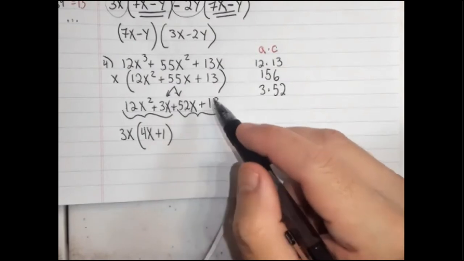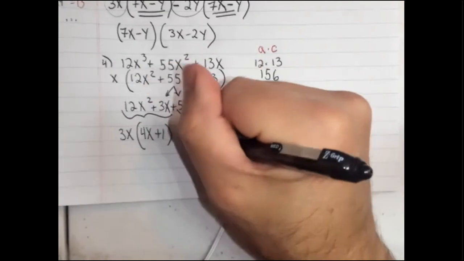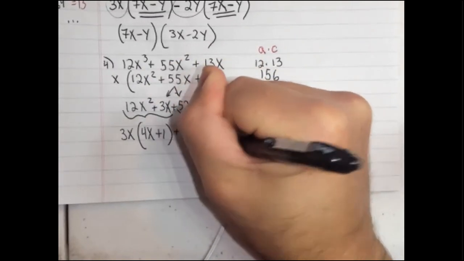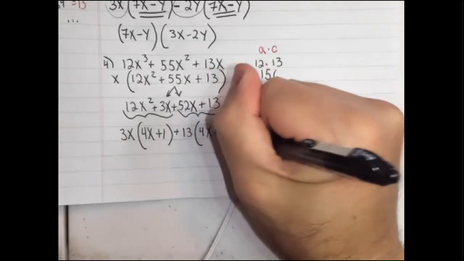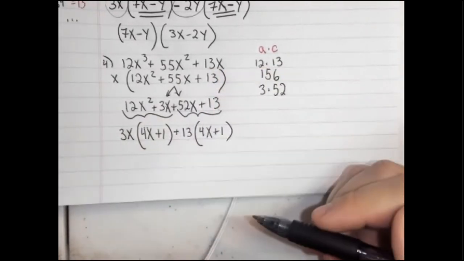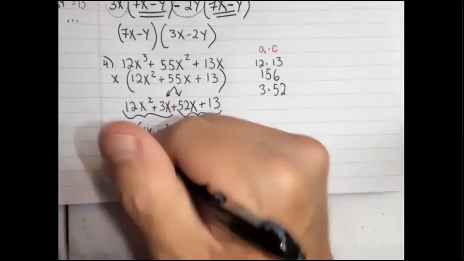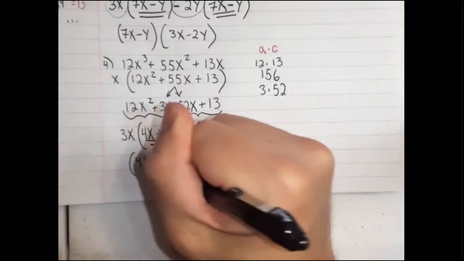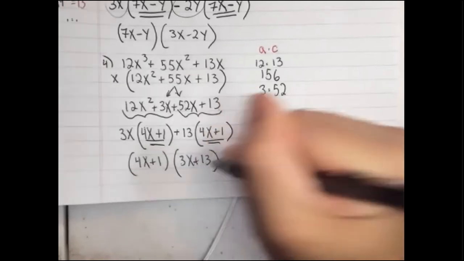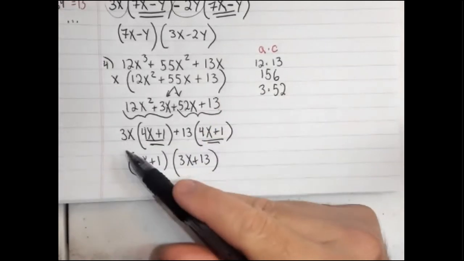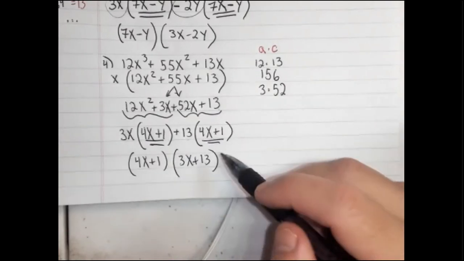And these are a little different because we don't normally see 52 and 13, but actually 13 will go into 52, and it goes into it 4 times. So it'll be 4x again plus 1, because we factored out the 13. A good sign is those two are the same. If they're not the same, something's wrong. So that's what we factor out, and then we have the 3x plus 13.